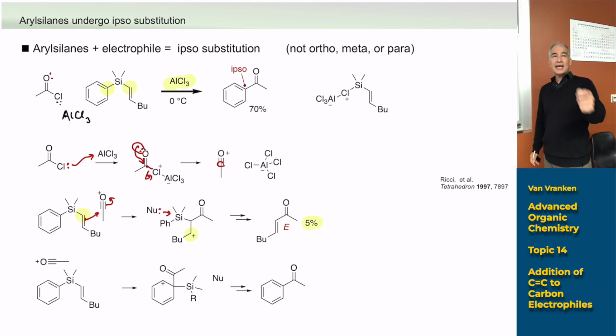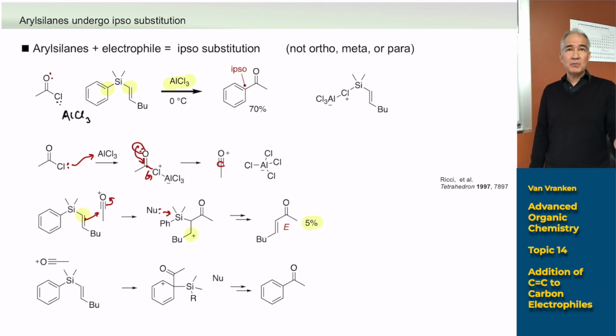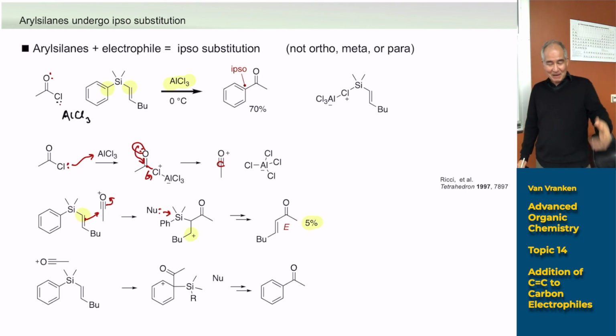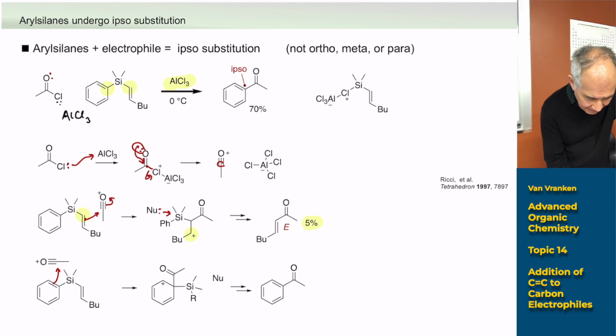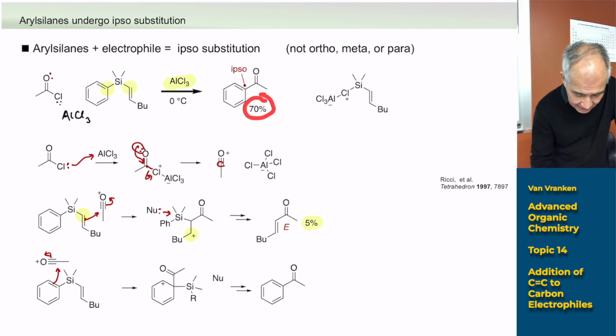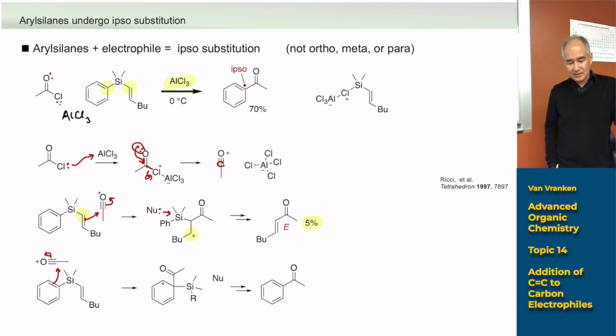If you thought that the alkene, the vinylsilane part, would be more reactive, well, you're close. I mean, it does generate product. That's some of the product in this reaction. The major product in this reaction, you couldn't have predicted which was more reactive. This is why I have to tell you that the simple benzene ring, the phenyl group, attacks at a slightly faster rate. In fact, I can tell you how much faster it adds. You get 70% of this product, 5% of that product.